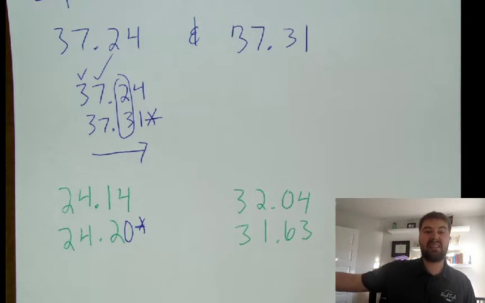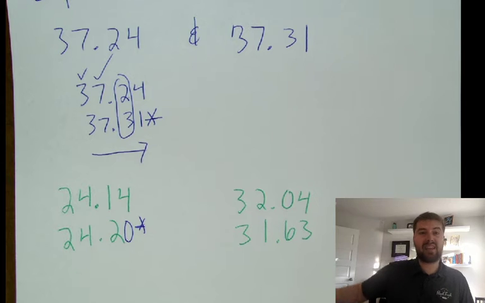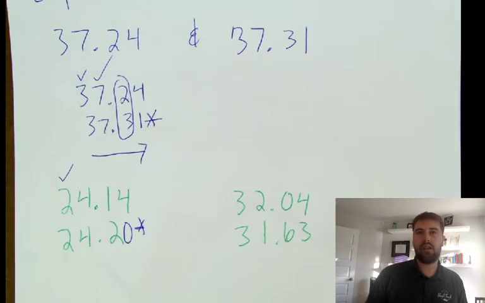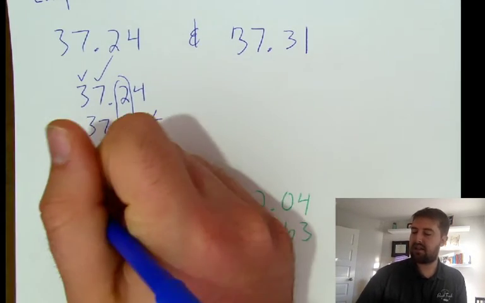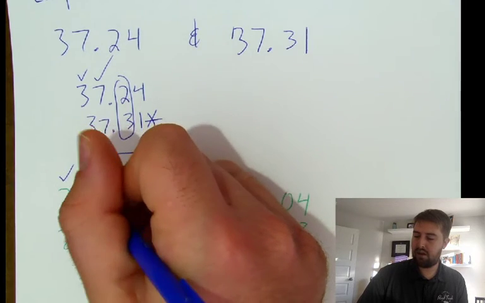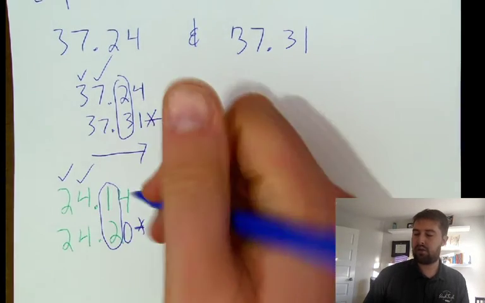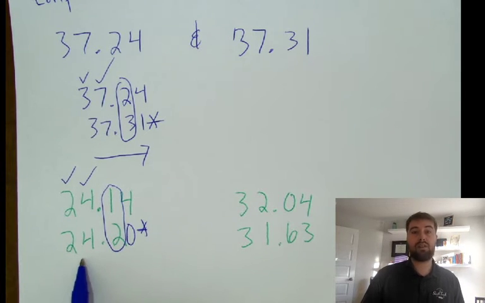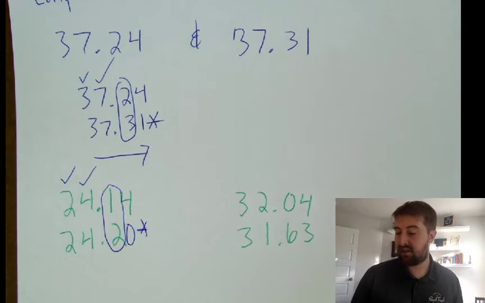Just like adding a 0 before the 2 on the left side wouldn't change the value. So our 2s in the tens place are the same. Our 4s in the ones place are the same. And then this 2 is different than the 1. The 2 is bigger. So 24 and 2/10, or you can also say 24 and 20/100, is the bigger number.